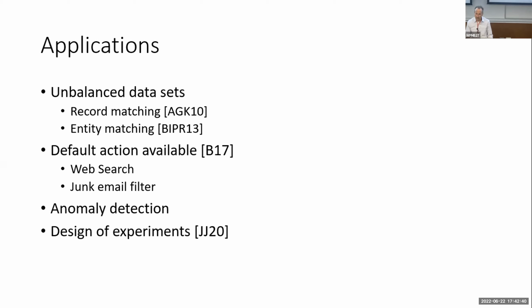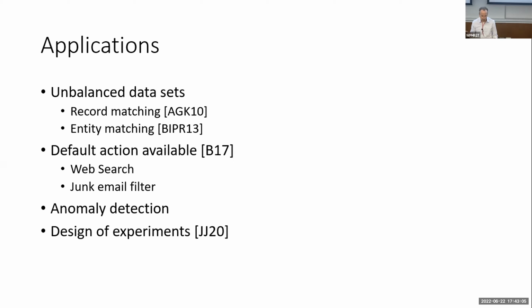And in this case, the data set is widely unbalanced because the number of repeated records is hopefully much smaller than the unique records. Looking at the accuracy is misleading because the number of repeated records is dwarfed by the number of unique records.